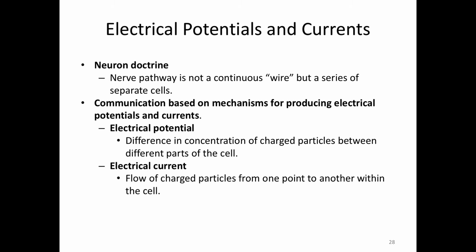So now we need to start to talk about the purpose of neurons. So why have them? Well, we know that we have them to send electrical signals, culminating with chemical signals. So neuron doctrine states that nerve pathways aren't continuous, so there's not a wire that goes directly from your brain to the muscle controlling your big toe, but rather a series of separate cells that play a game of cellular telephone.